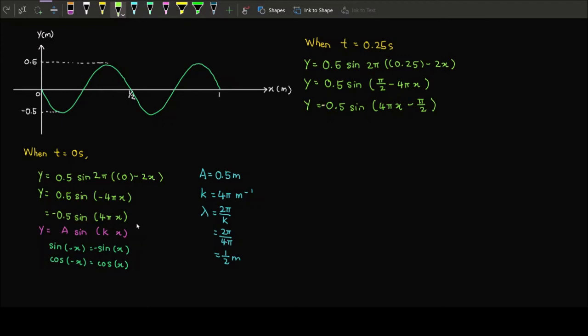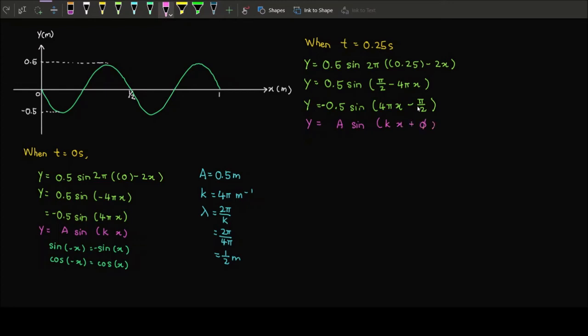If you notice, before this 4 pi x is negative, now it switched to become positive, whereas pi over 2 before this is positive, now becomes negative. Because I bring out the negative to the front, I want to stay consistent. I want the negative out at the front, so the negative becomes positive and the positive becomes negative, and I switch place because I want to make it look something like y equals A sine, and again now you have kx, but now you have plus phi.